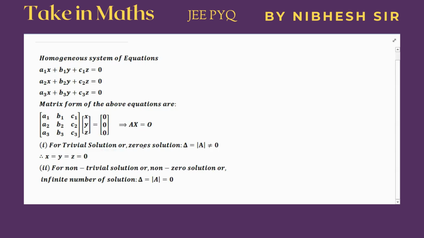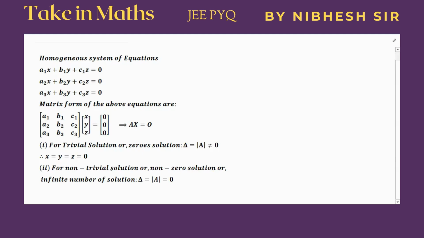For trivial solution, we also say it is the zero solution. For the zero solution, the determinant of A, that is the coefficient matrix, which we denote by delta, is not equal to 0. In that case the solution of this homogeneous system will have only x, y, z equal to 0.